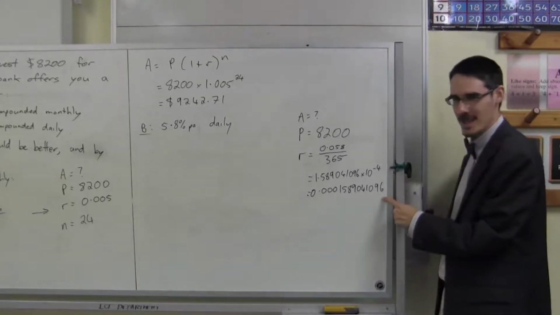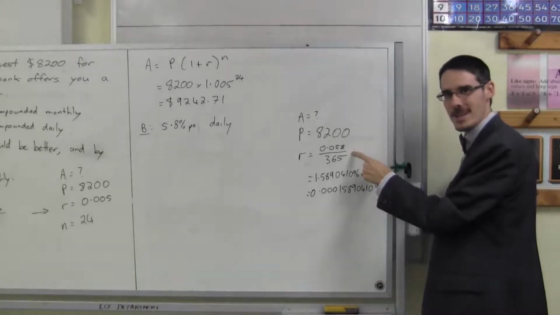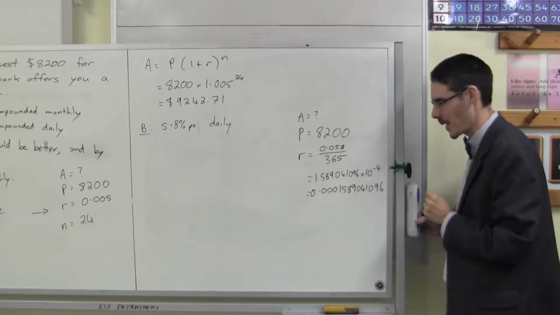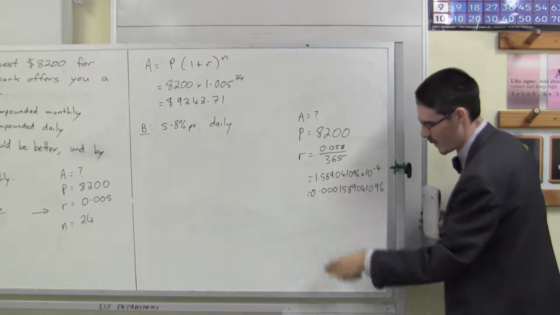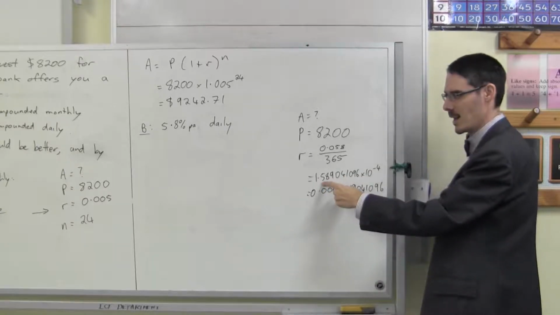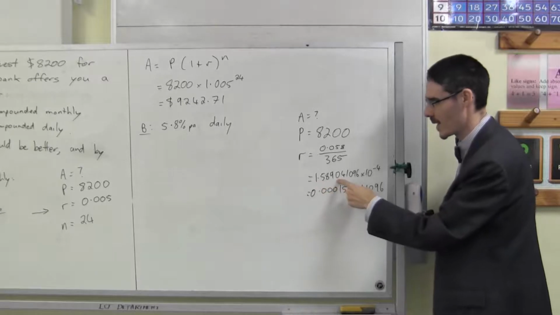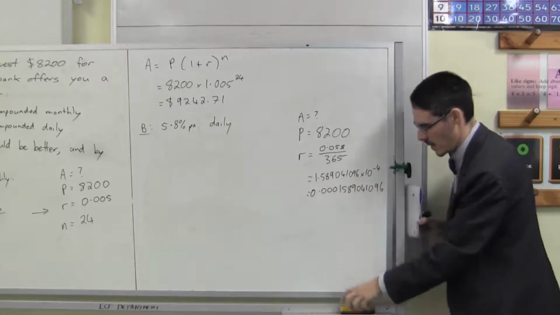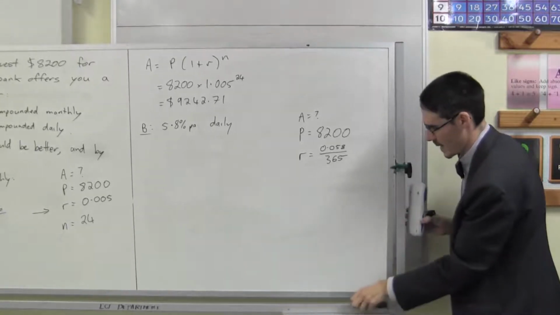There's a lot of decimals here, a lot of mucking around. I'm actually just going to leave it like this, and just be careful when I type it into my calculator. See, if I round this off to 1.6, I'll overestimate by quite a bit. If I round this off to 1.589, I'll probably still get an underestimate of what it really is. So, I'm just going to leave it as that.